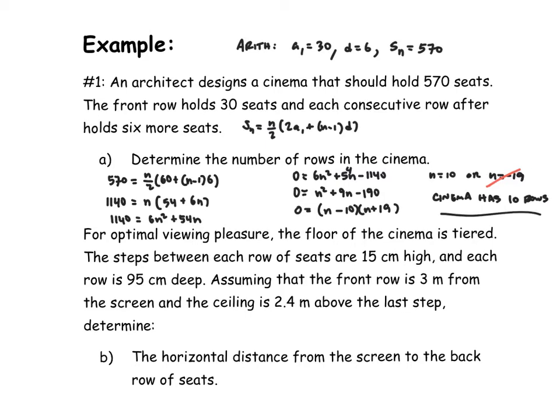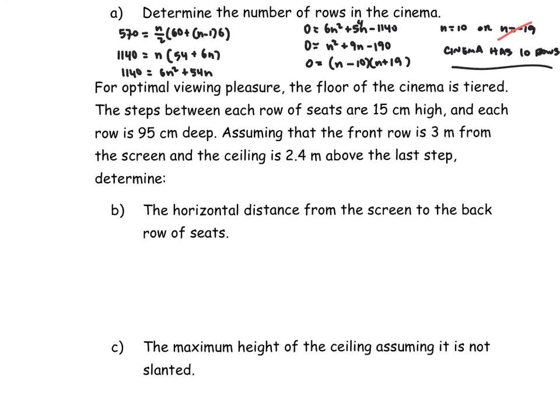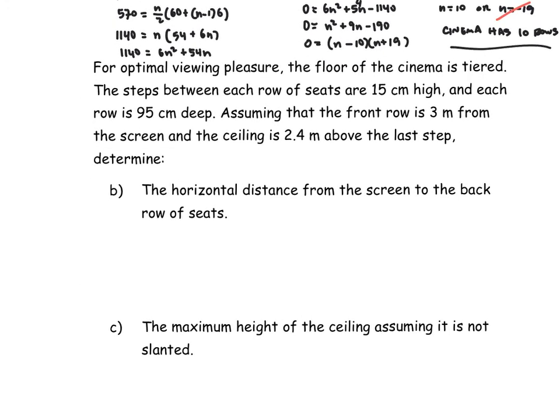Okay, let's look at the next part of this example. For optimal viewing pleasure, the floor of the cinema is tiered. Okay, so let's call this the screen. It says the steps between each row of the seats are 15 centimeters high.